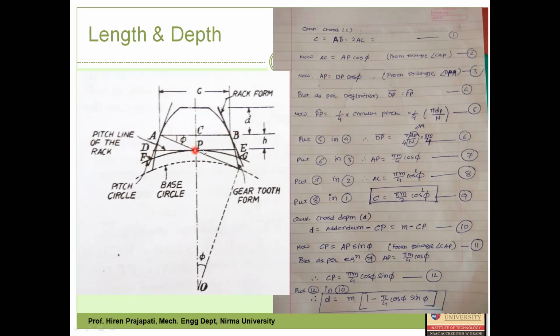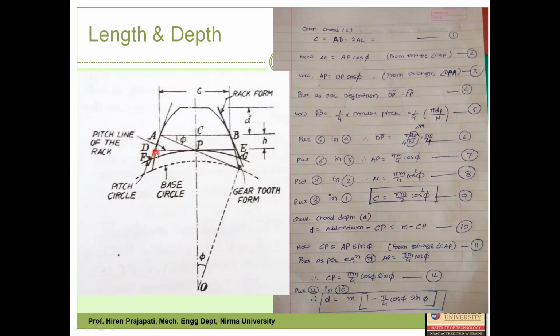So line DE is parallel to line AB, meaning the pitch line of the rack is parallel to the constant chord line. If the angle between line AC and AP is phi, then the angle between line AP and DP is also phi. Clear? This angle is also phi.